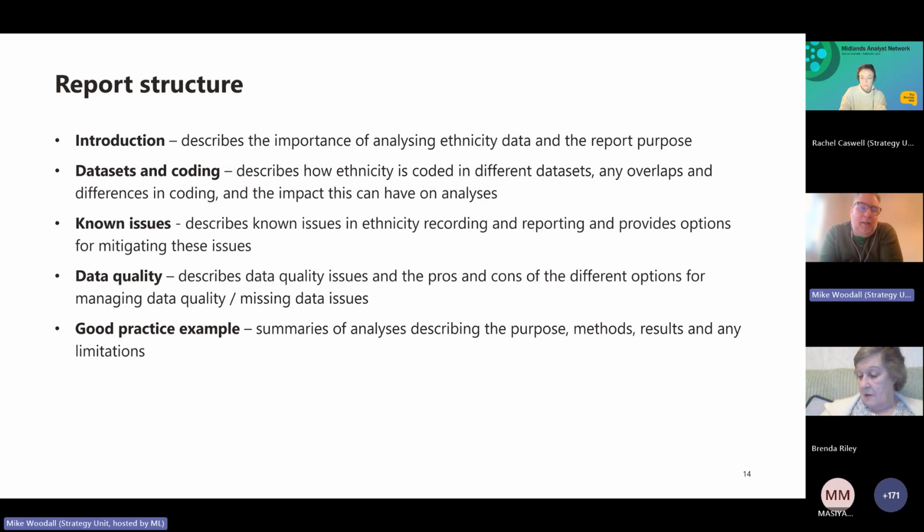We may not publish every example, but we can reference them within the guide. Ideally, good practice examples would be publicly available, but we are aware that may not be possible in some areas. So as long as we can describe what's happened and provide the results at a level that is comfortable for the organisation, we're happy to add in examples where the data isn't available.